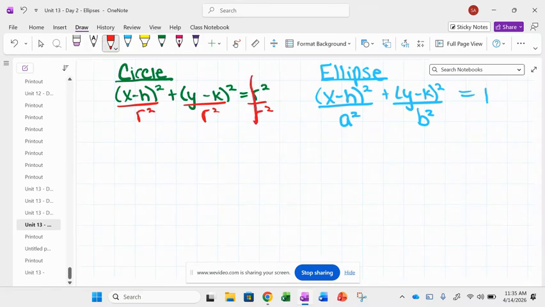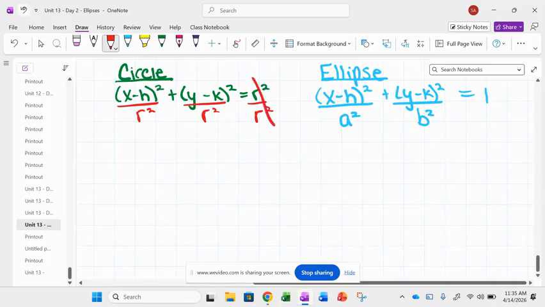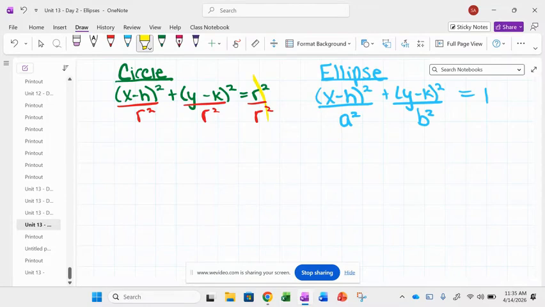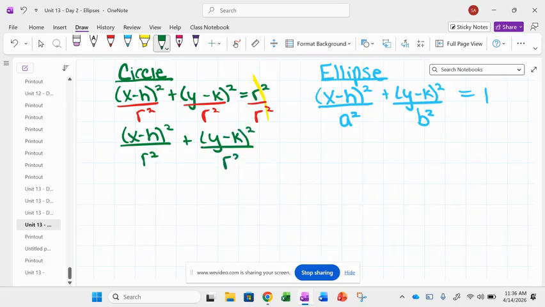And guys, I said it before and I'll say it again, because it's a pretty big thing: for both the circle and the ellipse, we are never allowed to have numbers in front of the parentheses. You can have denominators, but you cannot have coefficients or something to distribute in front of the parentheses, other than the number 1. So now when I divide by r squared, this brings me to x minus h squared over r squared plus y minus k squared over r squared equals 1.